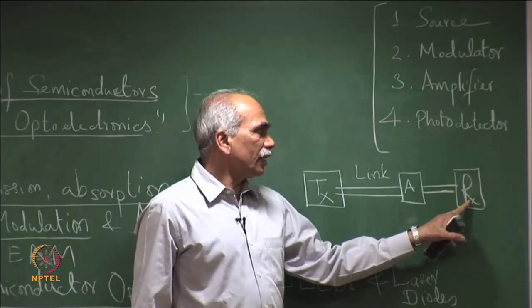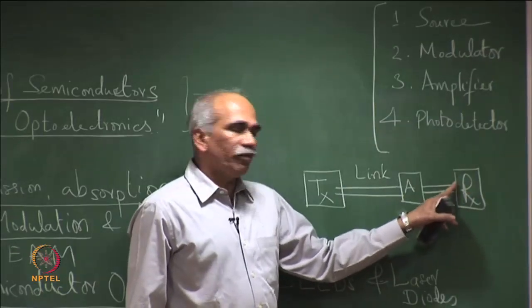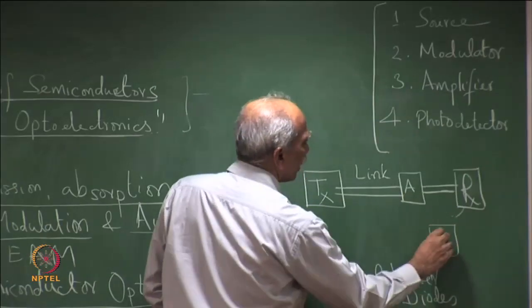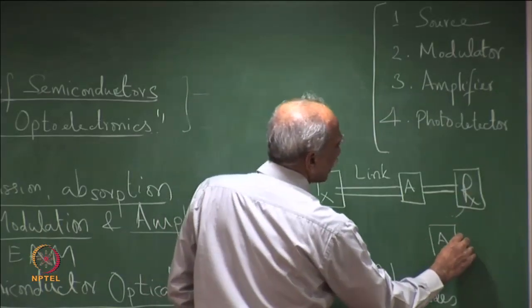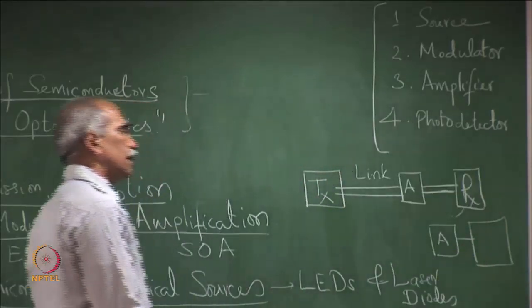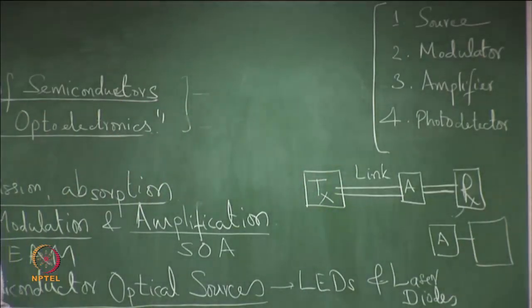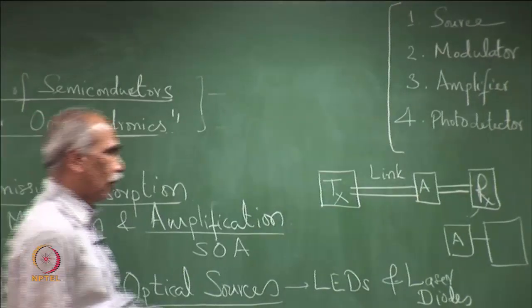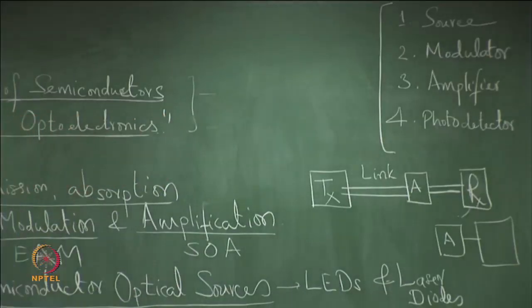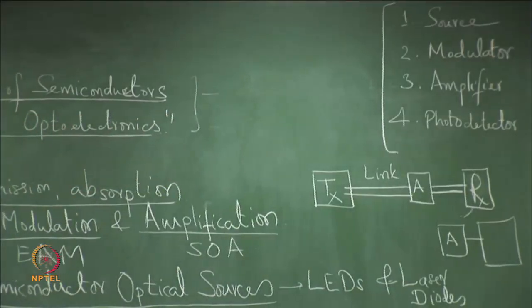Similarly, the receiver would have a pre-amplifier, an amplifier, and then of course the processing circuit which may comprise filters, photodetectors, demultiplexers and so on. So, these are the important basic building blocks of a communication system.